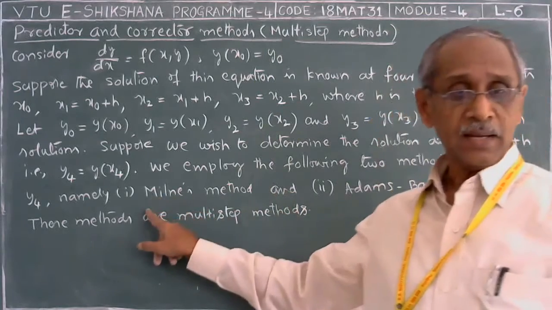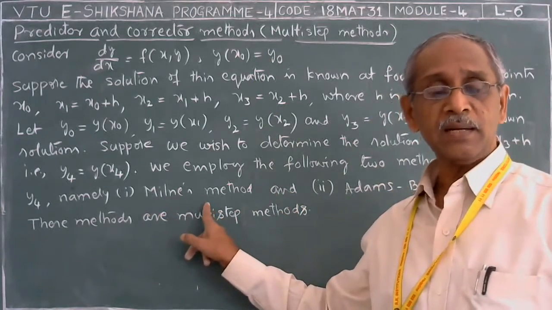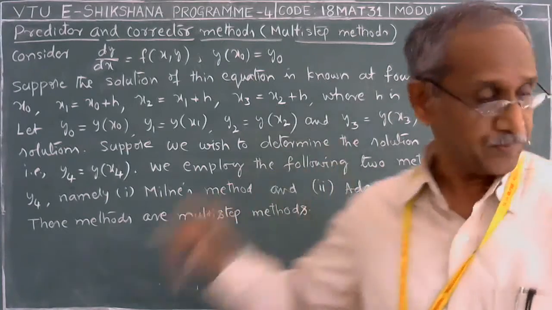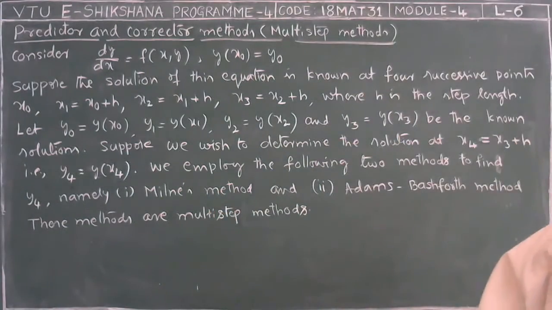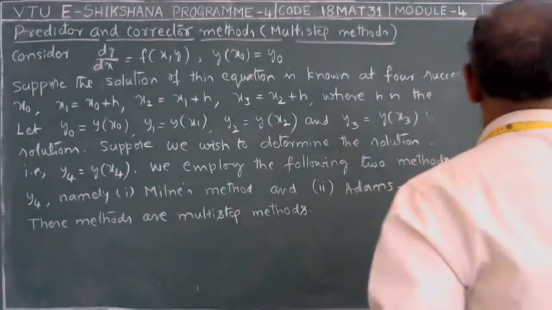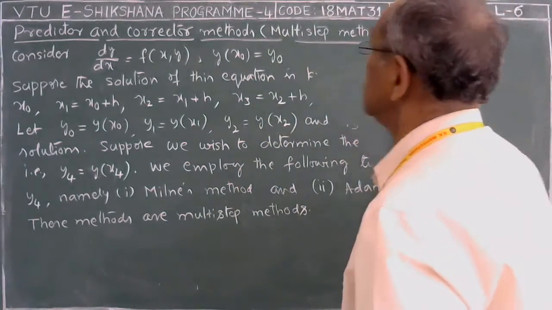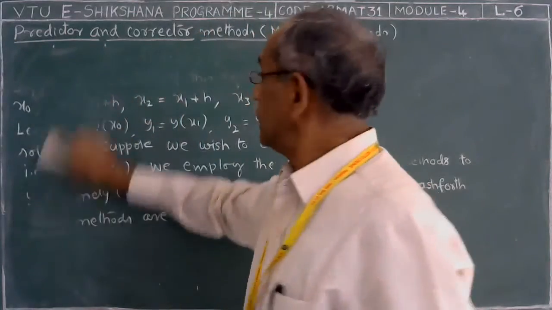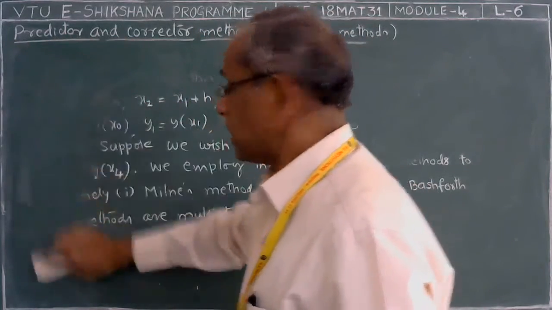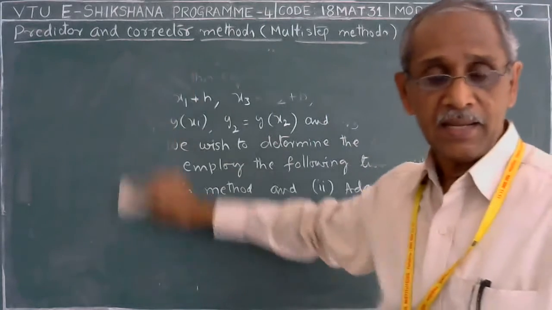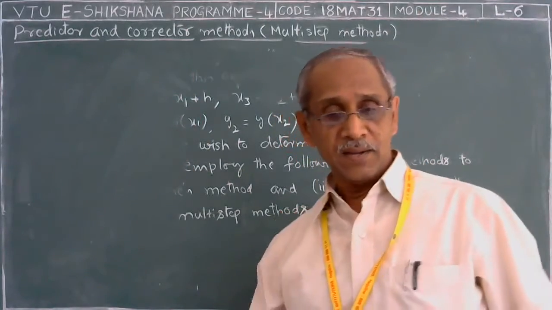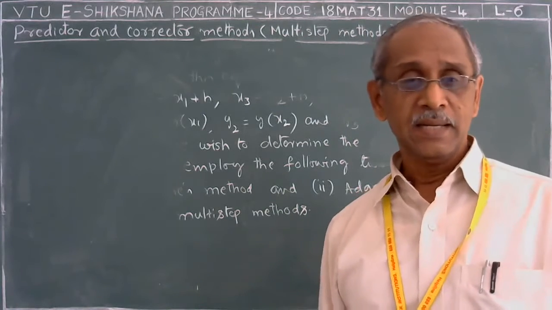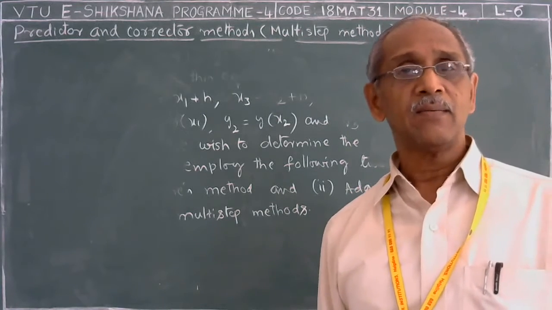First I will consider Milne's predictor corrector method and then Adam-Bashforth predictor corrector method. In these methods, we predict the value of y using the predictor formula and then correct or refine the value of y obtained from prediction using the corrector formula.